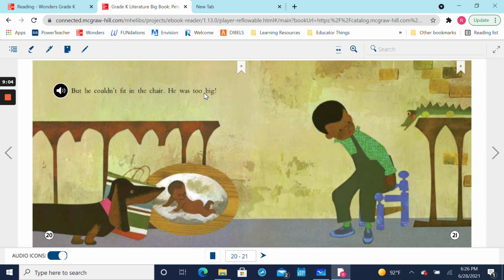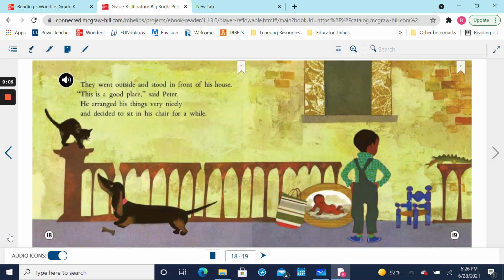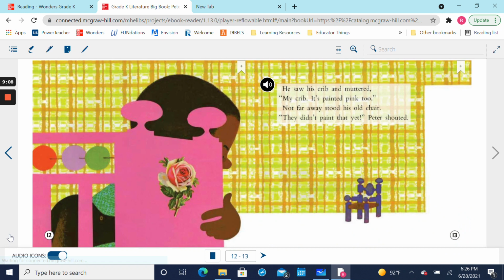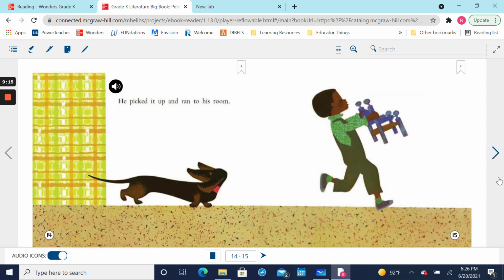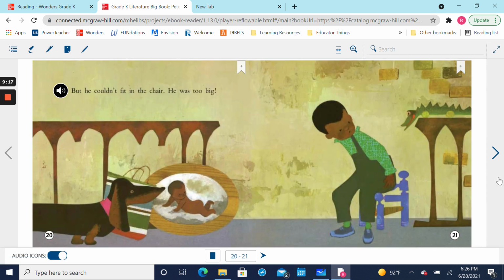Remember, all of his stuff that is being painted pink was being given to his little sister. So I think that because Peter is a big boy, he can't fit in that chair anymore. He's grown too big for it. Interesting.